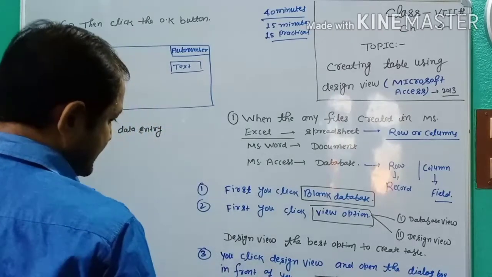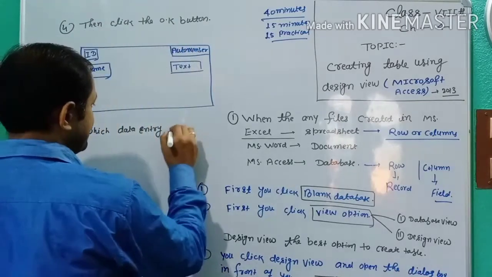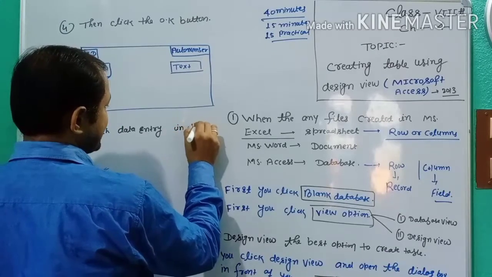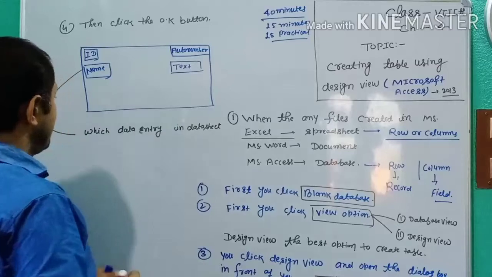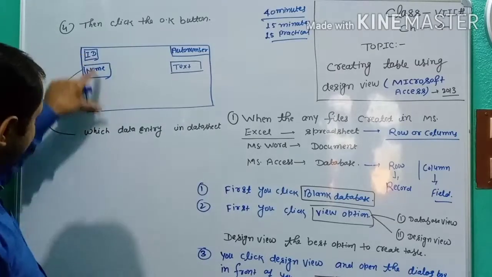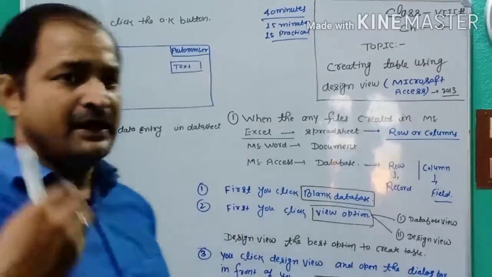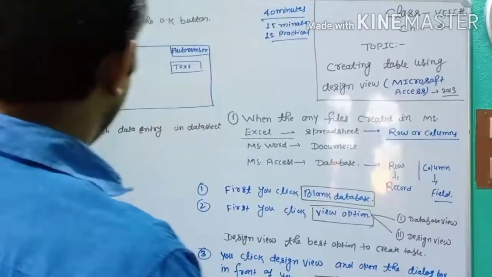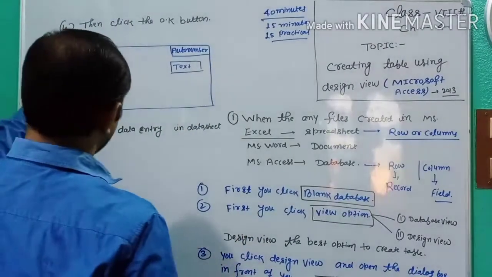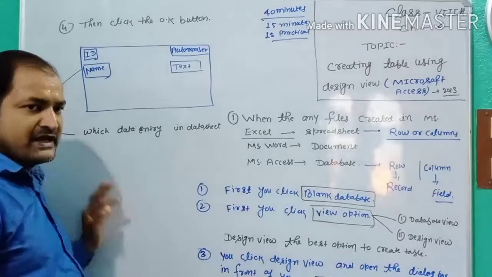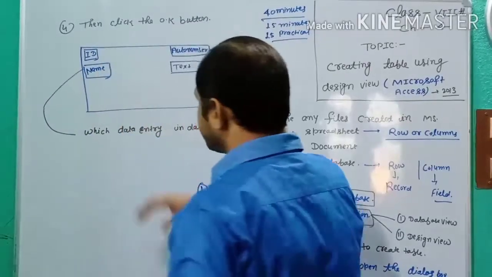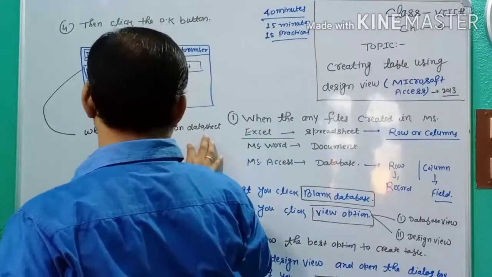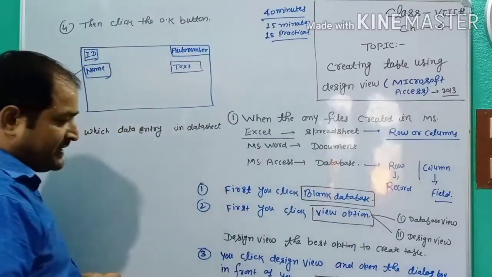All your names are input in name, address, mobile number, all such types of things are filled in this field. The data you enter in this field goes into your data sheet.